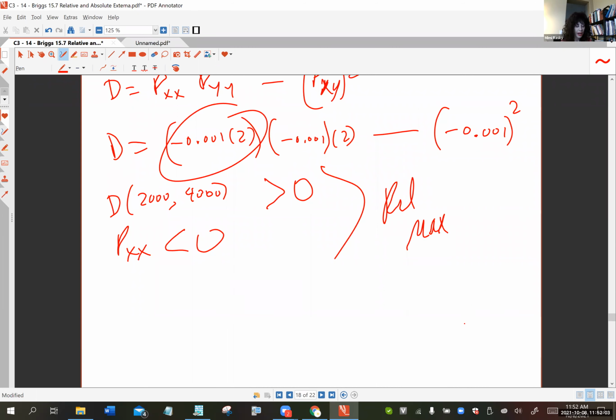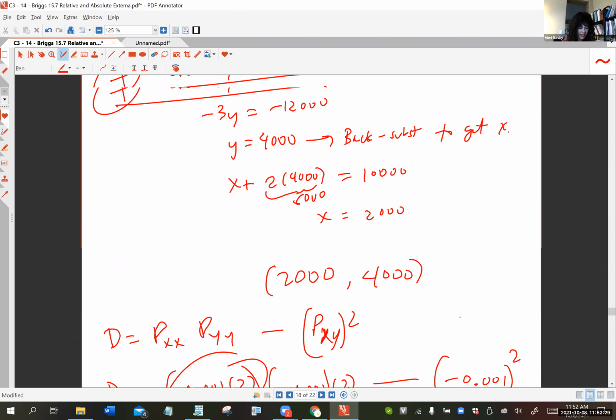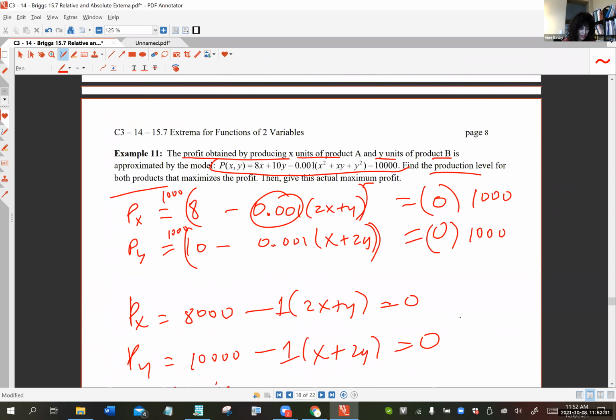And now go figure out your actual max profit. How much money are you going to make for the company? Well, you're going to substitute your critical point, 2,000, 4,000, into your profit function. So you're going to go, all right, 8 times 2,000 plus 10 times 4,000 minus 0.001 times, what was that thing? Is that right?